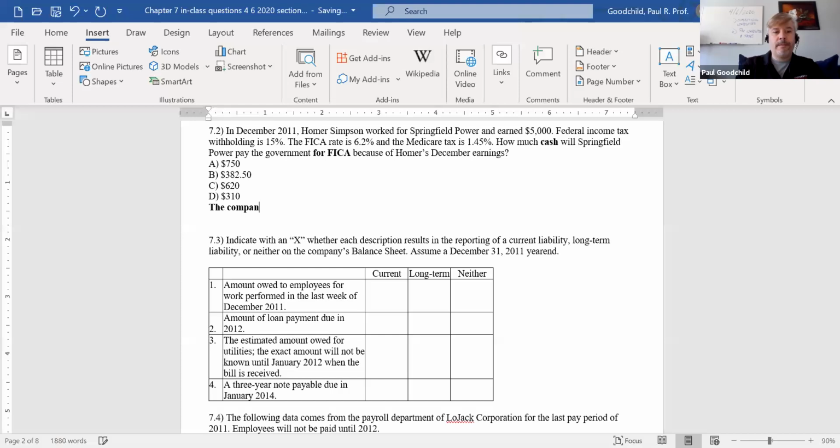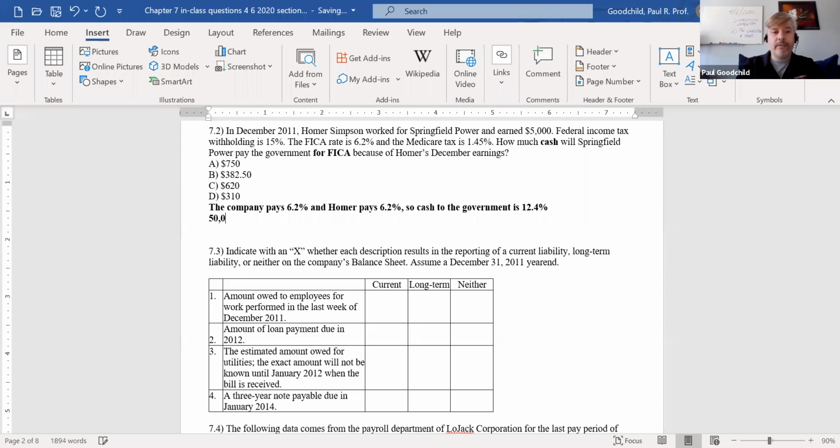So the company pays 6.2%, and Homer pays 6.2%. So cash to the government is 12.4%.